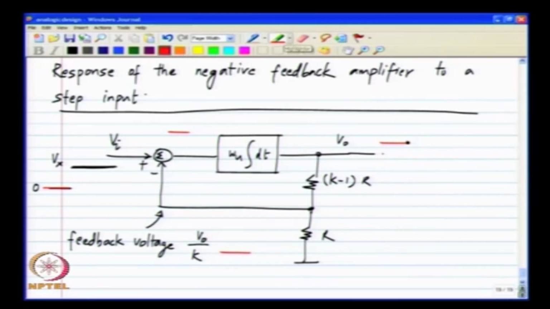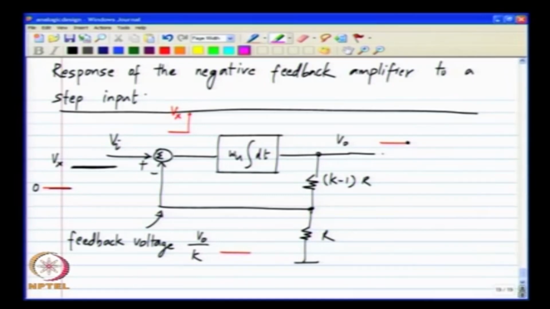Then what happens is, because the feedback voltage is still 0, the error voltage will step up by Vx. Okay. This is because the input has stepped, the integrator output has not changed. So, that means that the feedback voltage has not changed.